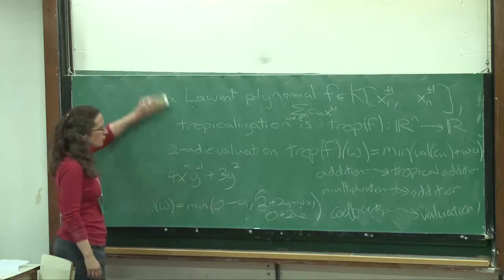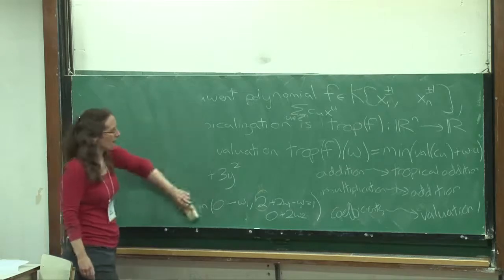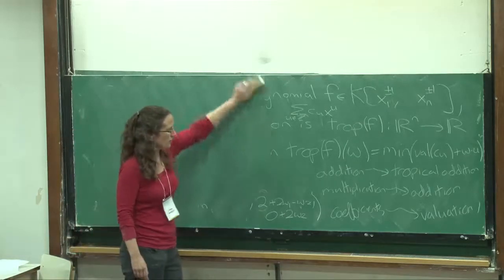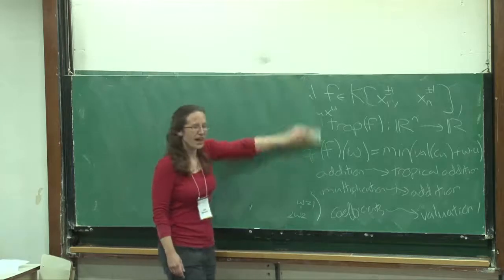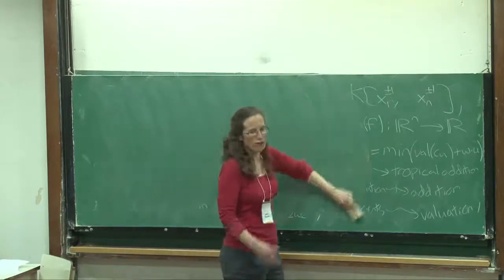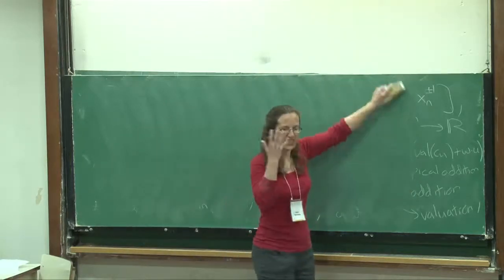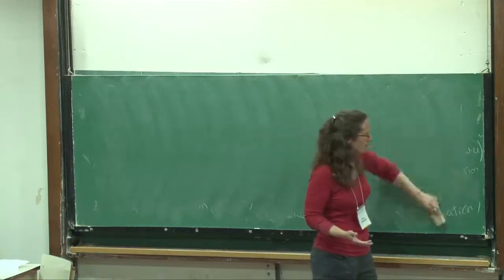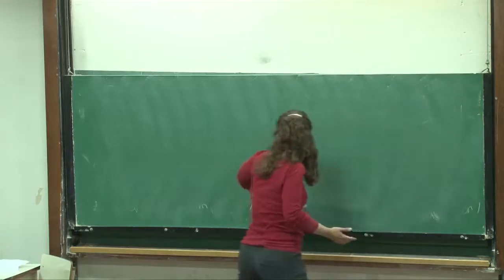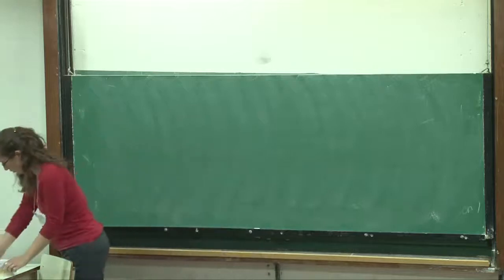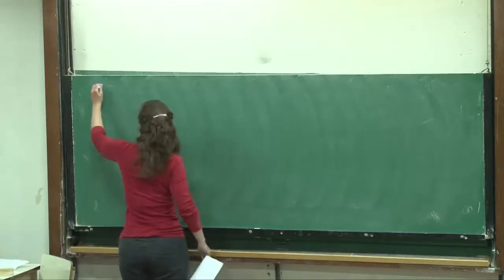So if I start with a subvariety of the torus, and I want to tropicalize it, well, what should I do? Classically, an affine variety is just the intersection of a bunch of hypersurfaces. So we want to mimic that in the tropical world.